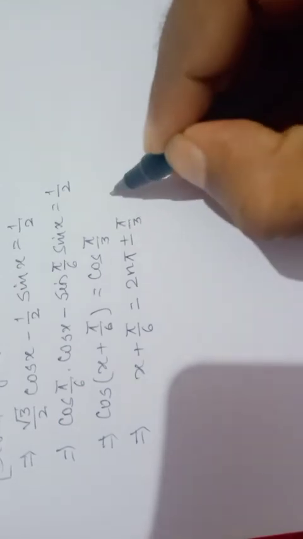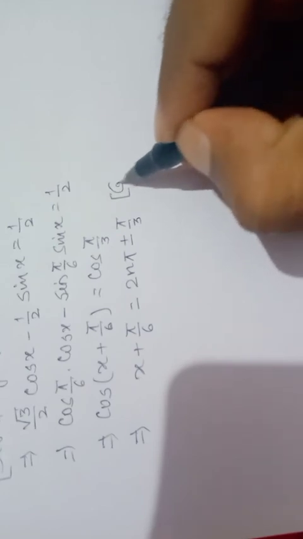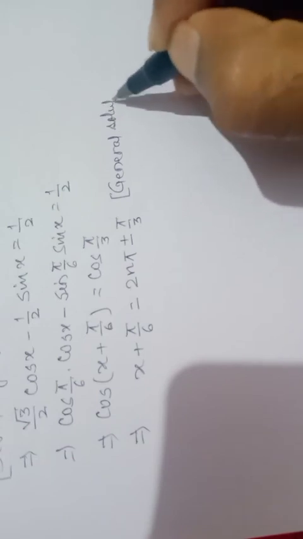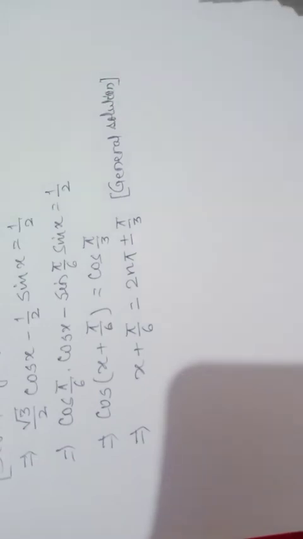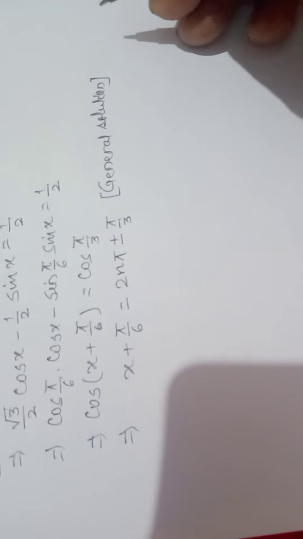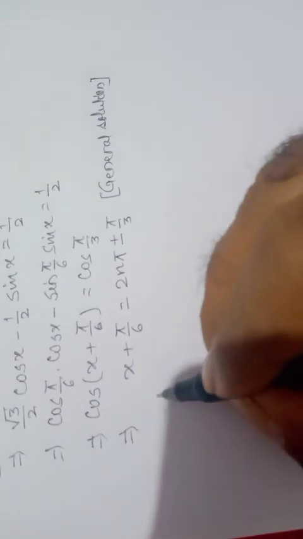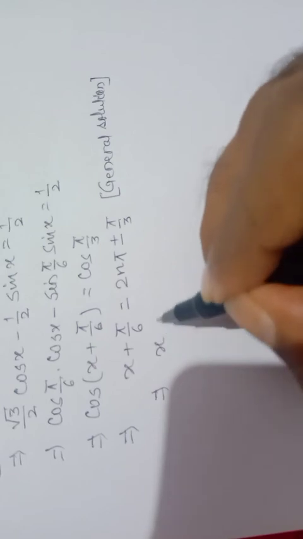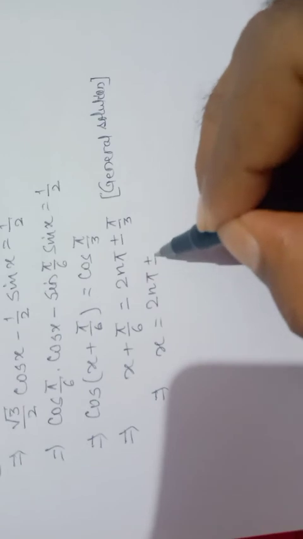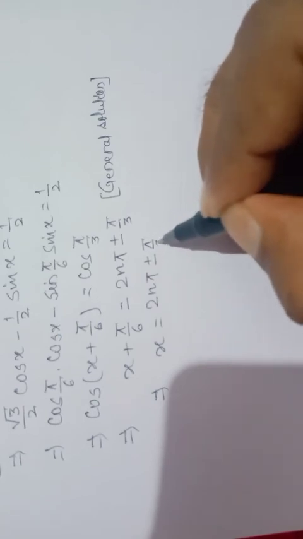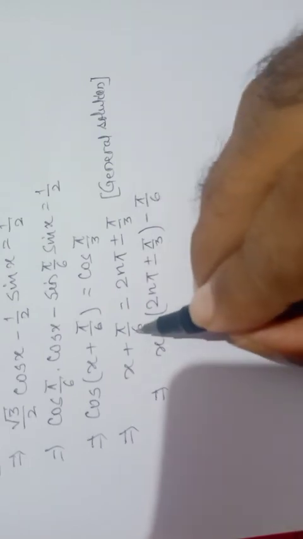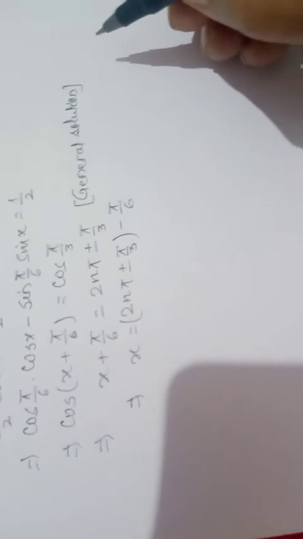This is its general solution. Now you are in a position to calculate the value of x. So x should be written as 2n pi plus minus pi by 3 minus pi by 6. This pi by 6 comes to the right side.